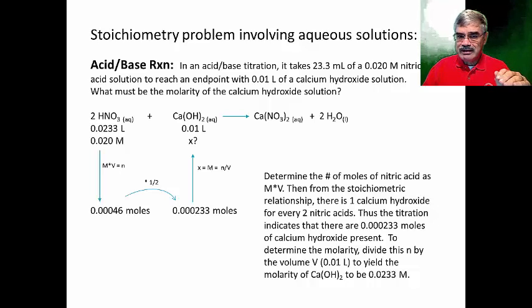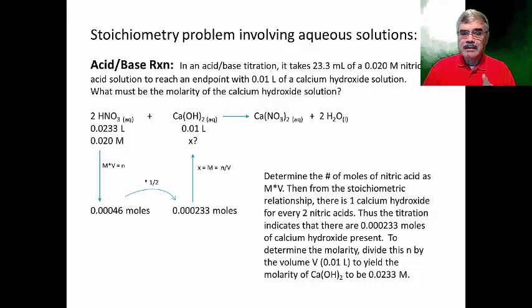Molarity of nitric acid times the volume of nitric acid gives me the number of moles of nitric acid, which is 0.00046 moles of nitric acid to reach this end point in a titration reaction with calcium hydroxide. Okay, well, how many moles of calcium hydroxide will that many moles of nitric acid react with?